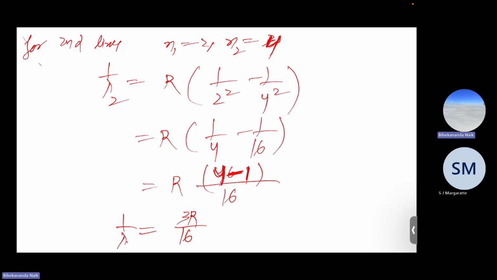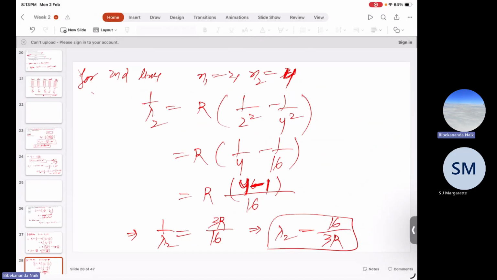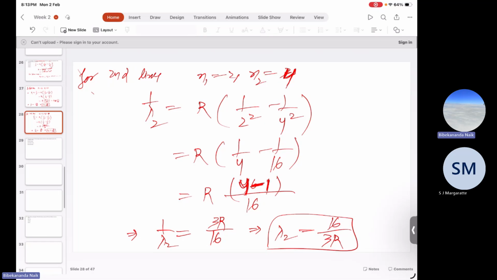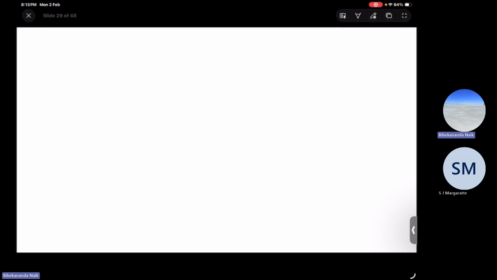So 1 by lambda 2 is 3R by 16. That implies lambda 2 is 16 by 3R. So let me add another slide. So what is lambda 2 by lambda 1?